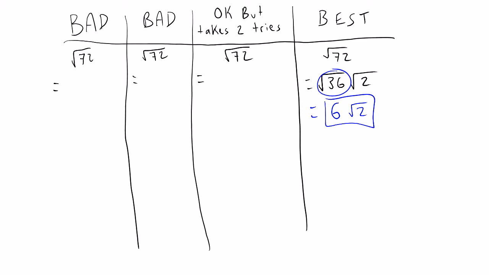I'm now going to give you two bad ways to attempt simplifying radicals problems, or ways that some students try to do and end up getting it wrong. The first way is they try to just pick any two numbers that multiply to get 72. Anything they can come up with, they'll just put down.